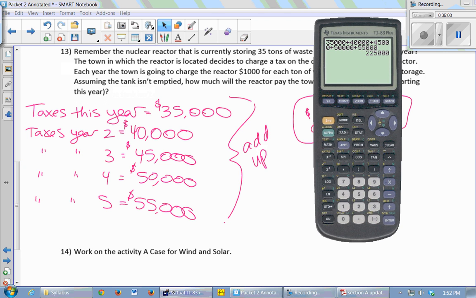So I would add my first term and my last term, 35,000 plus 55,000, 90,000. Multiply by the number of terms. How many numbers are in that list? 5 numbers in the list, and then divide by 2. 225,000.